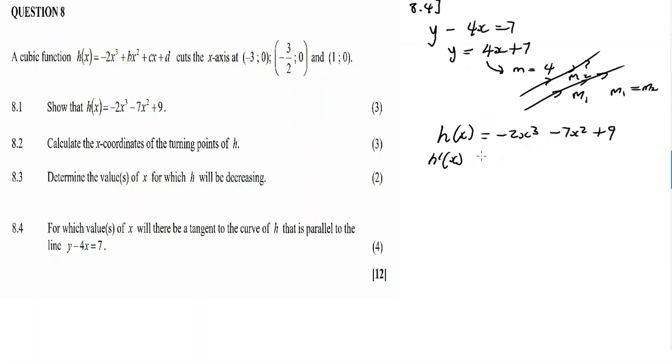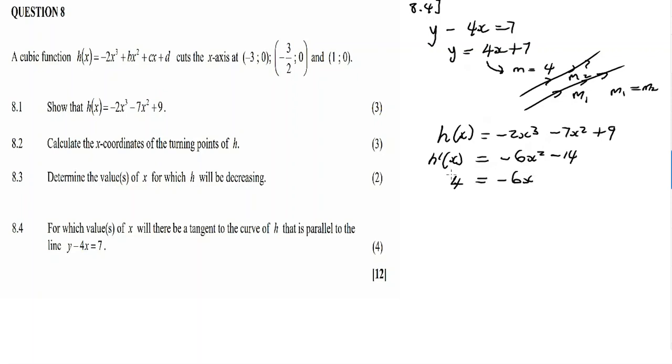The first derivative gives the gradient of this tangent, and the tangent is parallel to this line, so the gradients are equal. So we have minus 6x squared minus 14x, and the gradient of this tangent is 4. It equals the gradient of the line that is parallel.